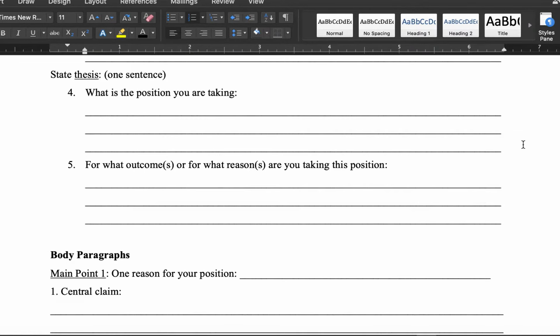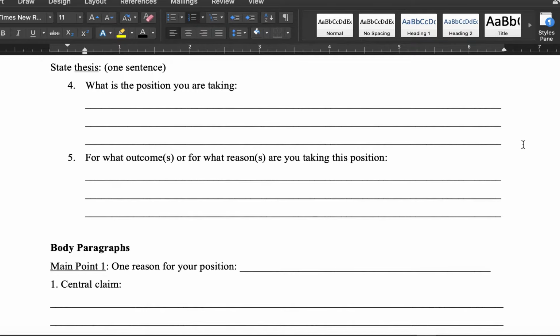I should have a pretty good idea by the time I'm done reading your introduction if you're looking for me to vote for someone in particular to be president, or if you're looking for me to just become more aware of a certain problem that's in this country, or if you're trying to change my attitude because you know there are a lot of people who feel a certain way about your topic.